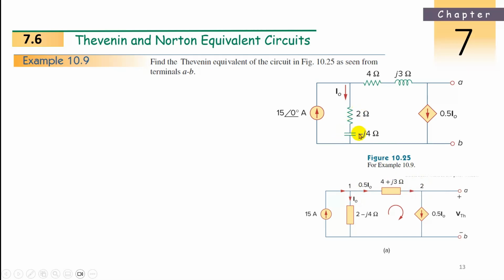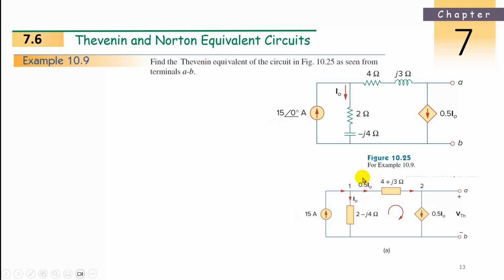So these two, 2 minus j4, join as one impedance Z2, and 4 plus j3 joins as another impedance Z1. This is one impedance, this is another impedance. Now this is the dependent source 0.5 I0, and we have a current. At this node, what are the currents entering? 15 amperes, because it is 15 at angle 0. So 15 is entering at node 1.